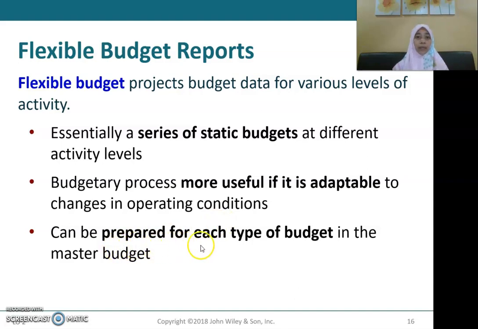It can be prepared for each type of budget in the master budget. Hopefully you still remember our master budget. At each level in the master budget, we can prepare the flexible budget, starting from the sales budget up to the production budget and so on, right?